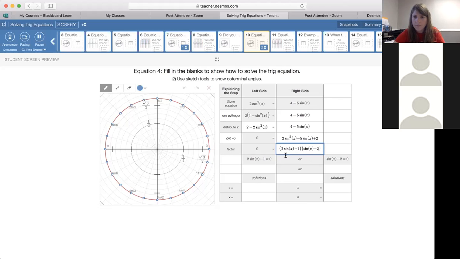That's going to give me my minus 4 sine x. And then, let's make sure we're doing this right. Ooh, that doesn't give me the right thing. I need a minus, because I want my plus at the end. And then that was giving me a 3 and not a 2 in the middle there. So now I have negative 4 sine x minus 1 sine x gives me negative 5 sine x. So once this is factored, we still have equal to 0.